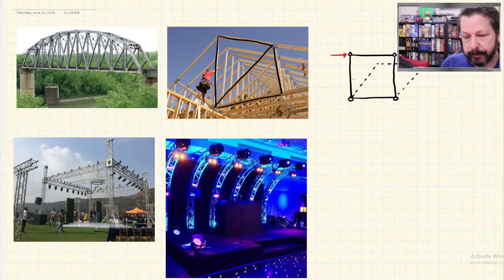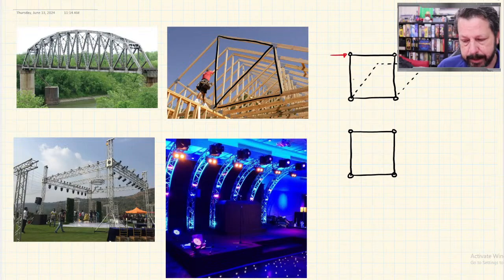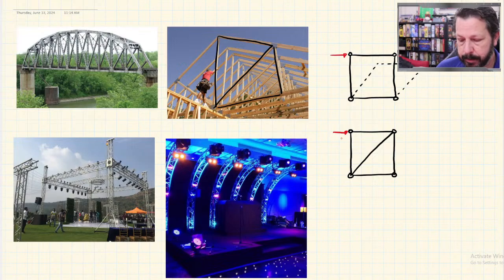But if it's a triangle, so if I built the same exact thing, but I triangulate it by adding one more piece in there, then when I push on it, it can't change its shape because there are no free degrees of freedom here to where it could be any other shape without breaking something.